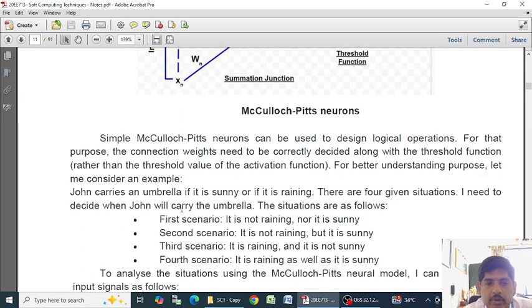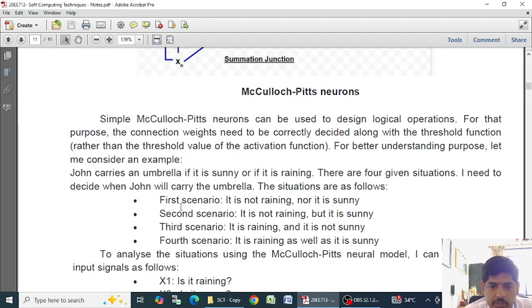John carries an umbrella if it is sunny or if it is raining. There are four situations, and I need to decide when John will carry the umbrella. The first scenario: it is not raining nor is it sunny.